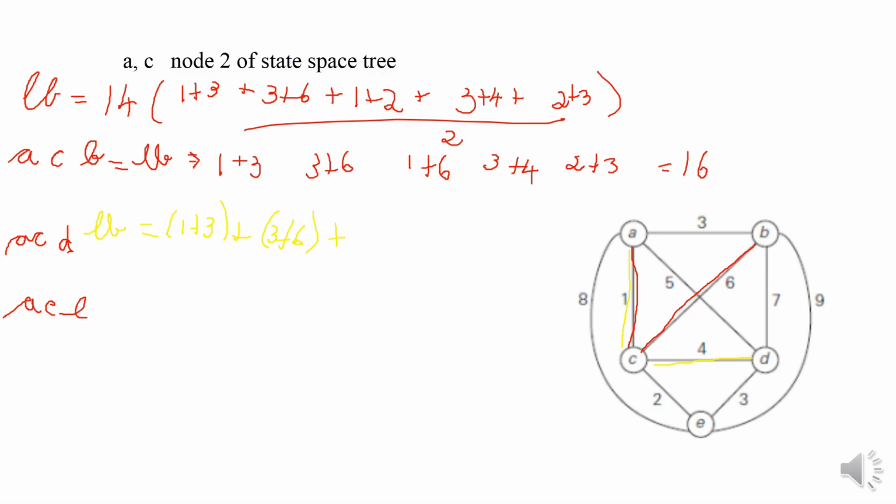For vertex C, I have to include this edge as well as this edge, so it is having the weights 1 plus 4. Then for the city D, I need to include this edge and the other is the least one, so 4 plus 3. And for E, I have to take the least 2, that is 2 plus 3. This whole value divided by 2, you will be getting the lower bound for ACD as 15.